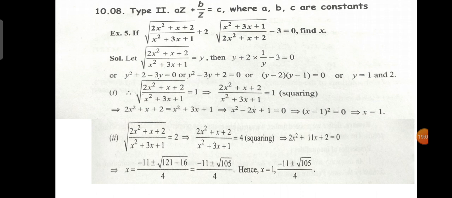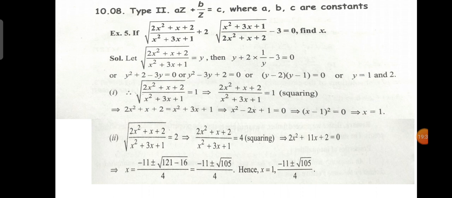So you have to put that root as y and then y plus 2 into 1 by y minus 3 equal to 0. Okay, then you have to just square both sides. Yes, squaring both sides, you will get x equals 1 and minus 1 plus or minus root of minus 11 plus or minus root of 105 by 4.